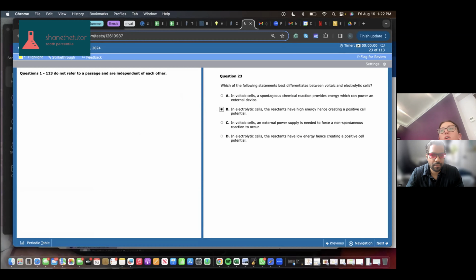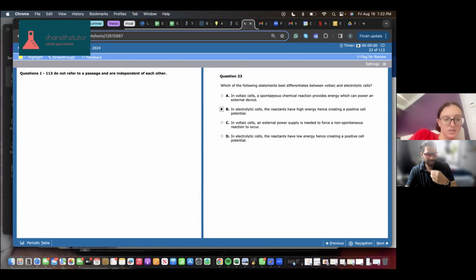Or no, the other one, the voltaic has low reduction potential because it has high oxidation. Yeah. So this question's not the best because of the high energy part, but you're thinking the right thing, but it's just going to be A just because it says spontaneous. This is just the question is not using the proper words for the high energy part. Right. Yep.